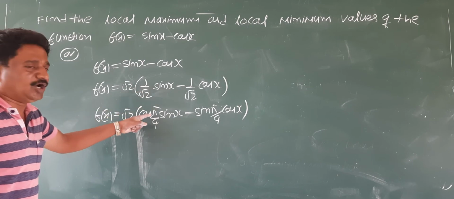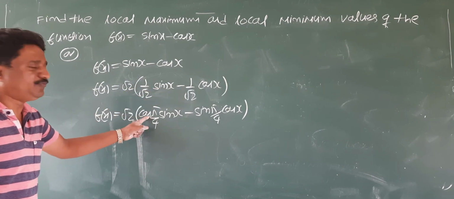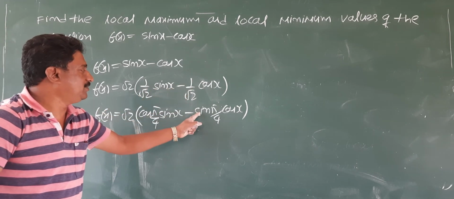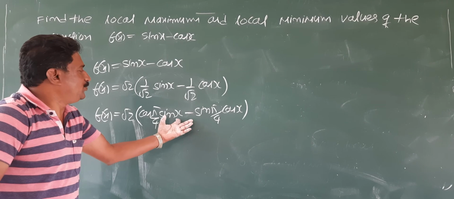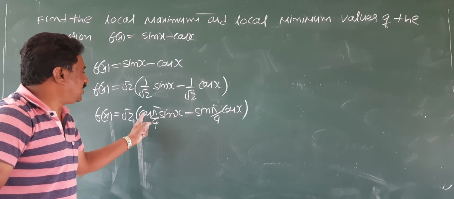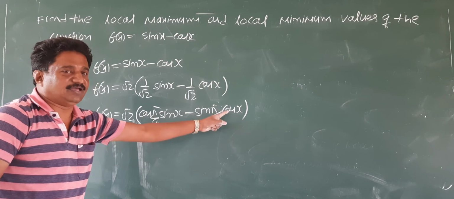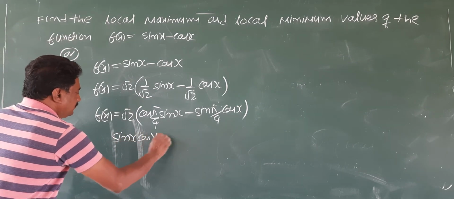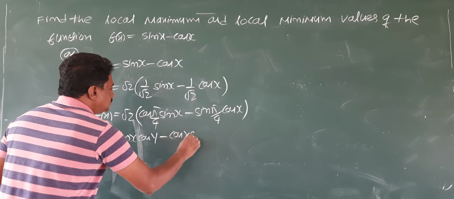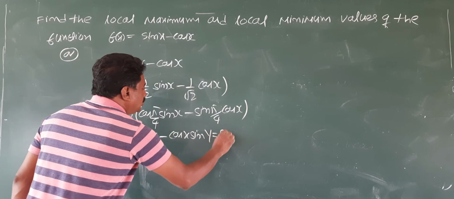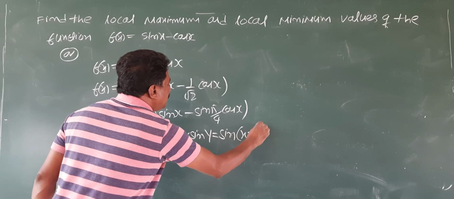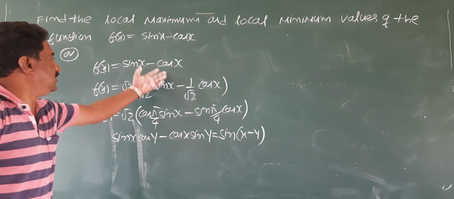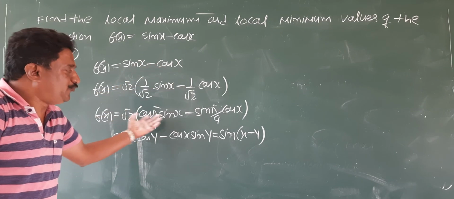For this I am taking cos 45. So what is cos 45? 1 by root 2 sin x minus, for 1 by root 2 I take sin 45, because to make it formula sin x cos y minus cos x sin y, which is equal to sin x minus y. Just I arranged it for the formula.